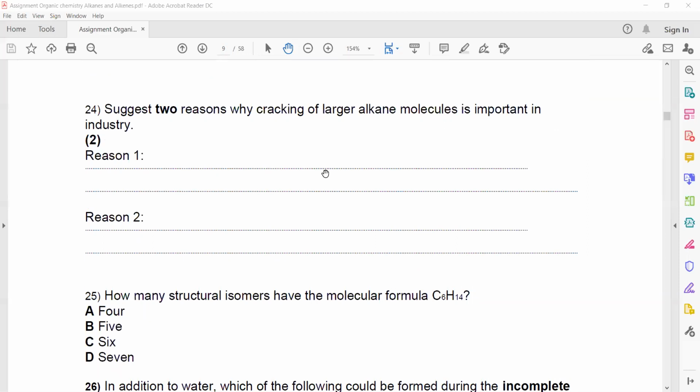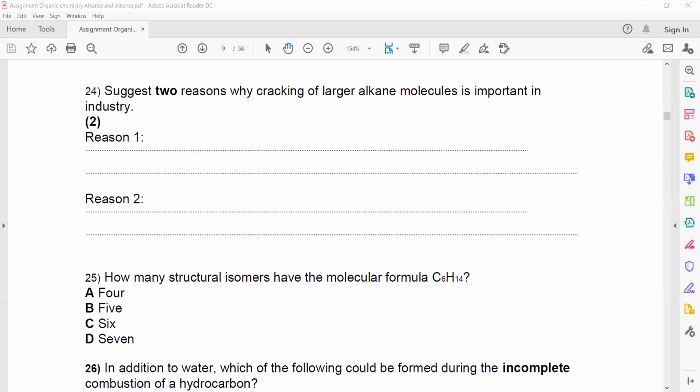Suggest 2 reasons why cracking large alkane molecules is important in industry. What is the reason? Because the short alkanes, the lighter fractions, have more uses.